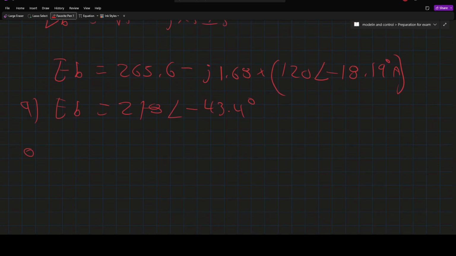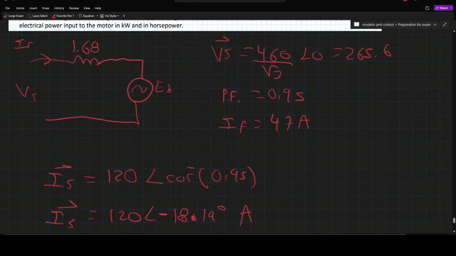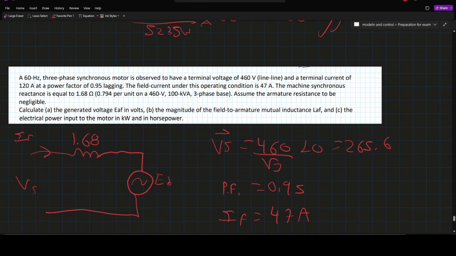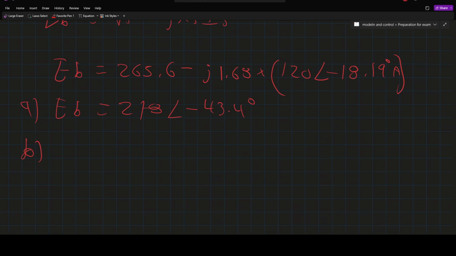Okay. For part B, they are asking us to find the magnitude of the field to armature mutual inductance. So if you remember in one of the exercises, we saw that our EV was equal to our omega S times the inductance times our field current.